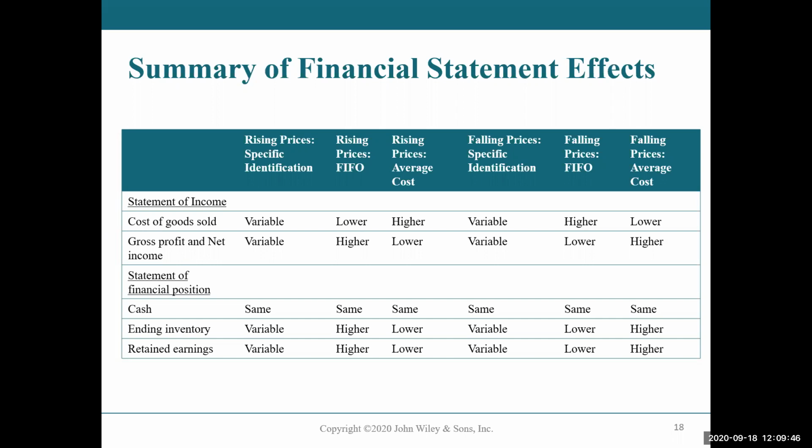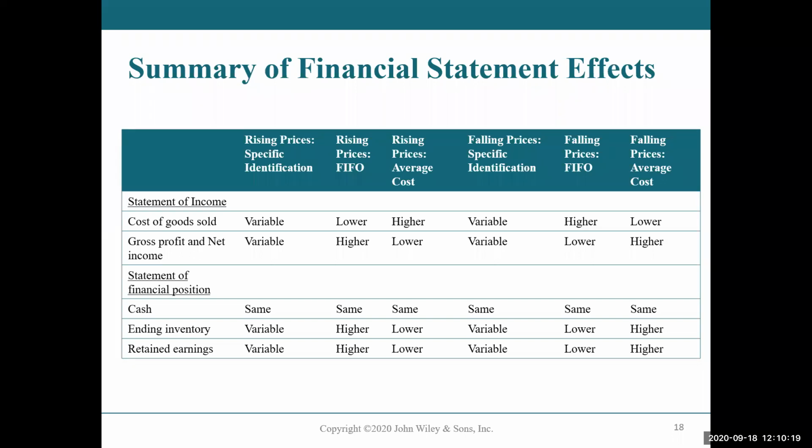But because the ending inventory number is higher, your cost of goods sold is going to be lower because that's tied to older prices, which were lower. Cost of goods sold is a statement of income item, so if it is lower, your net income is higher. And that effect will exactly reverse if there were falling prices.